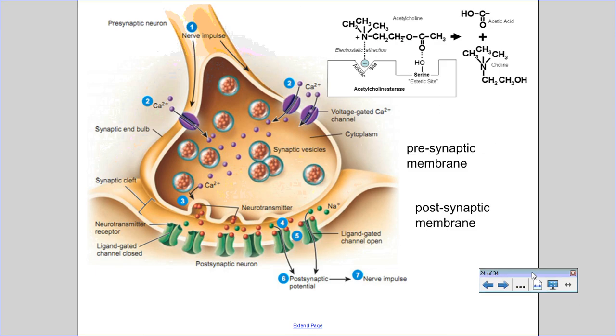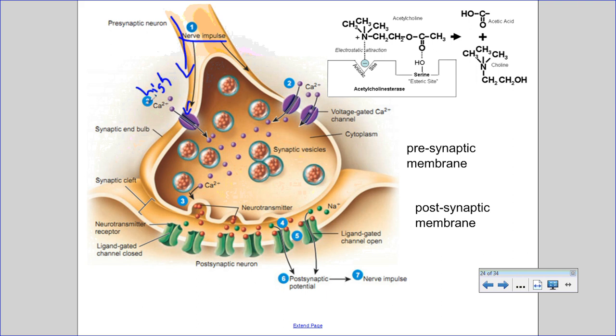So diagrammatically, what this all looks like is we have our nerve impulse traveling down the axon. As that nerve impulse travels down the axon, it will cause these calcium channels to open up. So we have high levels of calcium on the extracellular side.